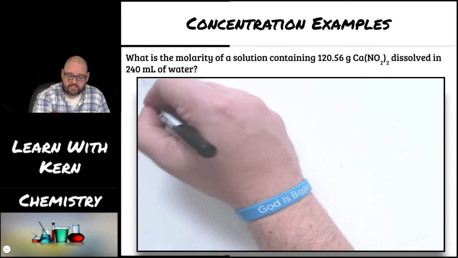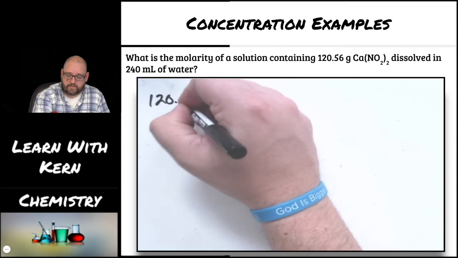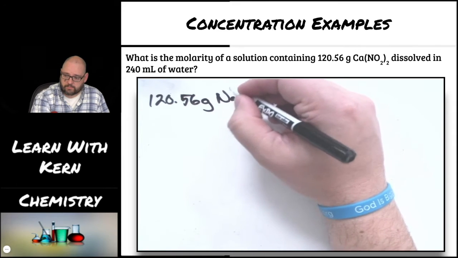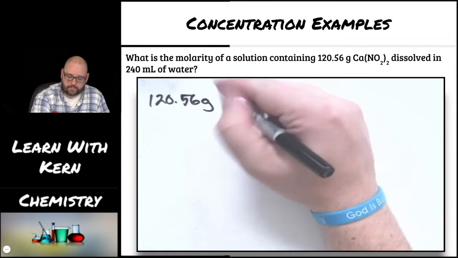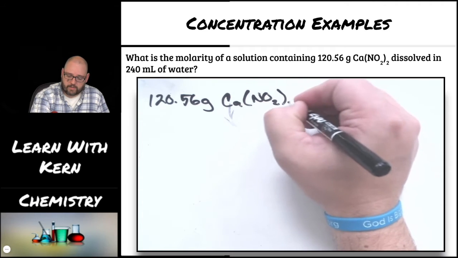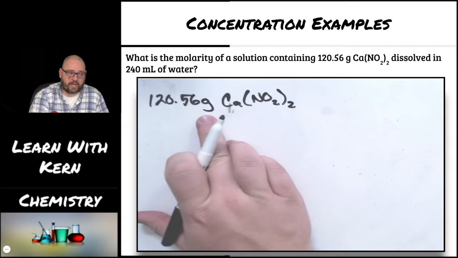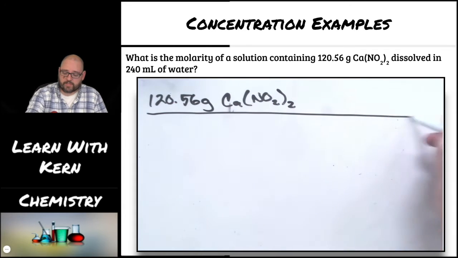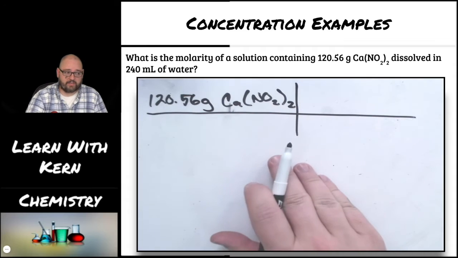You'll notice that this is 120.56 grams of calcium, not sodium, calcium nitrite. Well, the problem is this is grams, but my molarity calculation specifically requires that I use moles. So I'm going to have to convert this to moles before I do anything else.